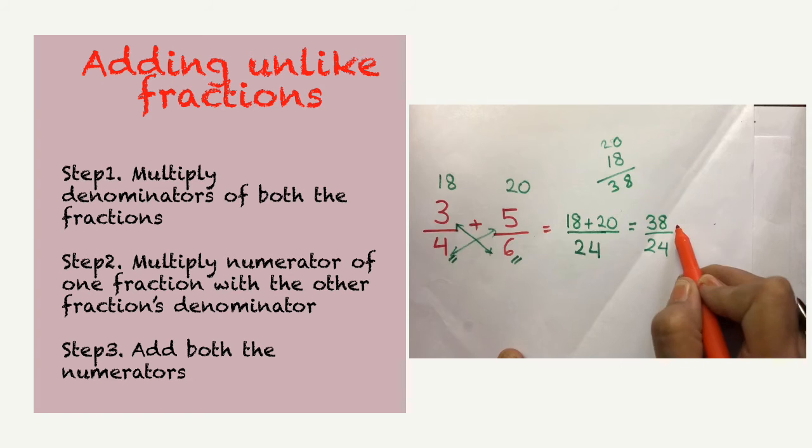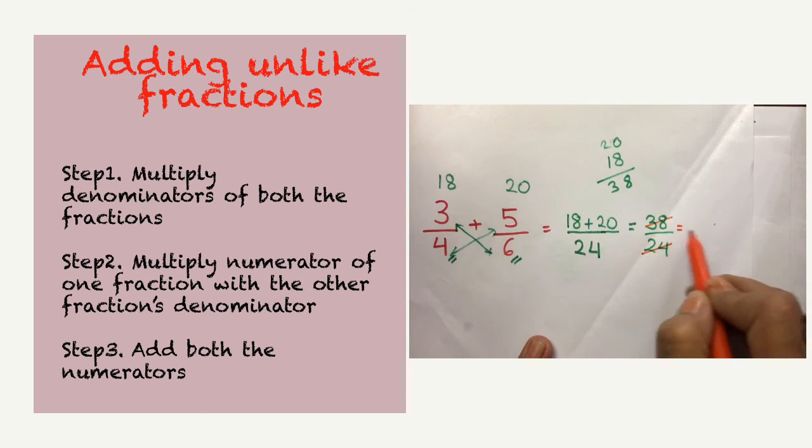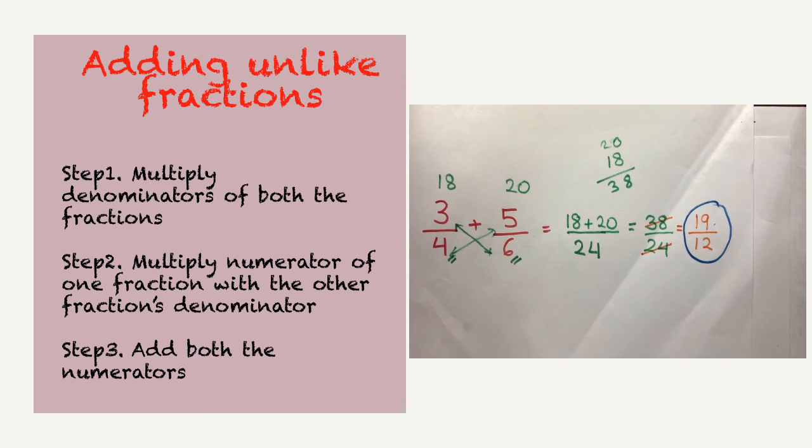So I will try to divide it by 2. So 2 19s gives me 38 and 2 12s gives me 24. Now I cannot divide it further, so this is the answer. This is the simplest form now.